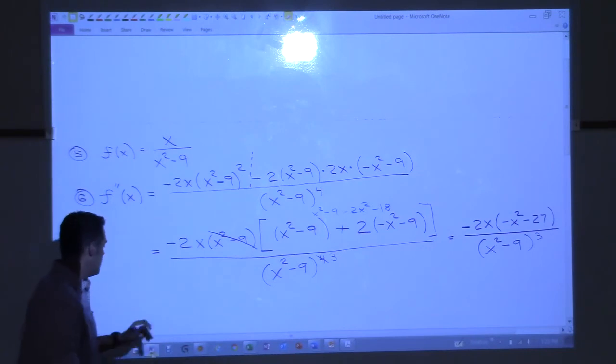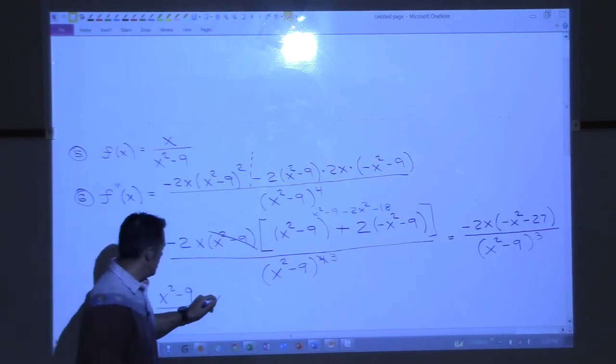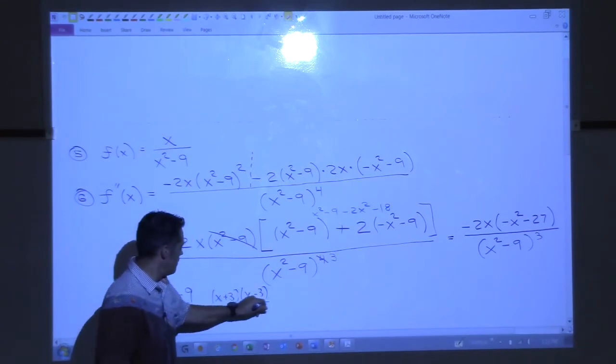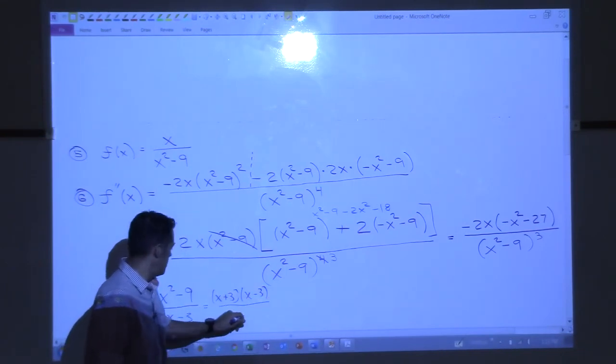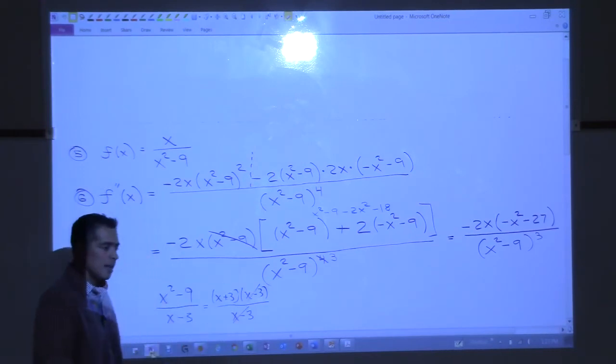Let me give you an example. Way back in the beginning of class, we were talking about limits. We said that if you look at that expression and do a difference of squares, then these factors cancel, and you just get x plus 3.